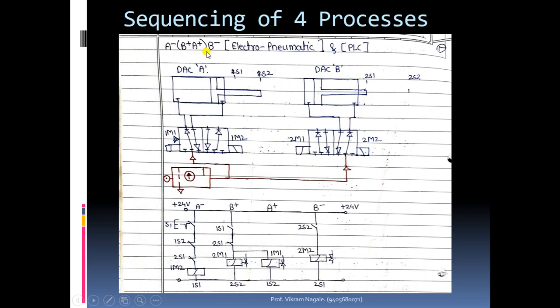B plus and A plus together is the second task, and this is B minus, that is the third task.